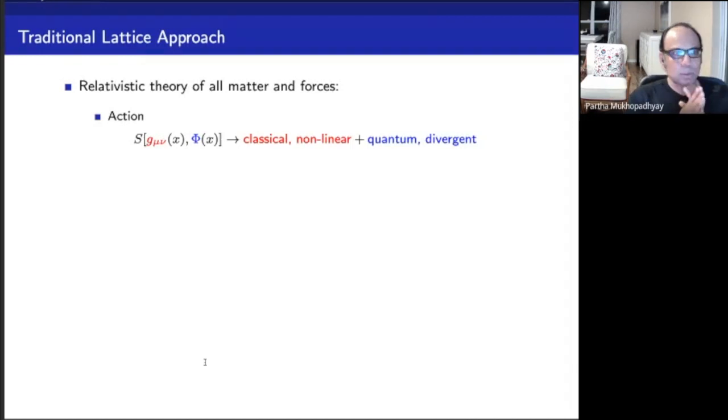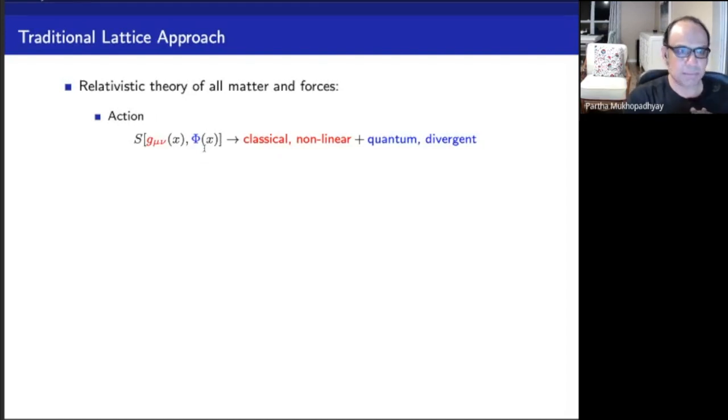So the conclusion is that the relativistic theory of all matter and forces is given by some action principle, where the action functional is a functional of the metric and all possible other matter and force fields.